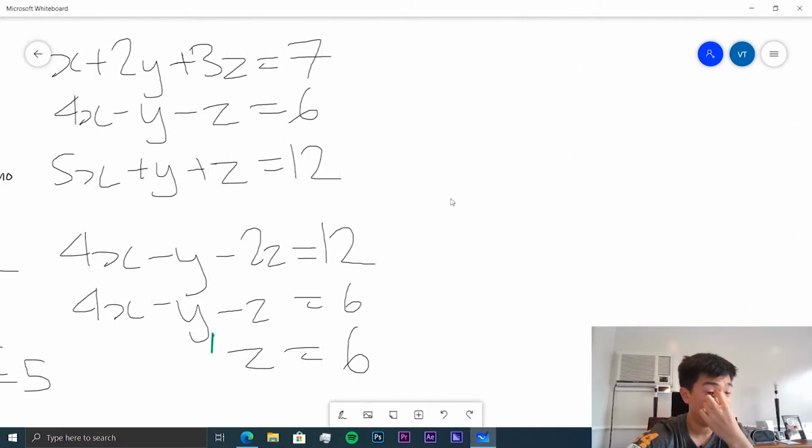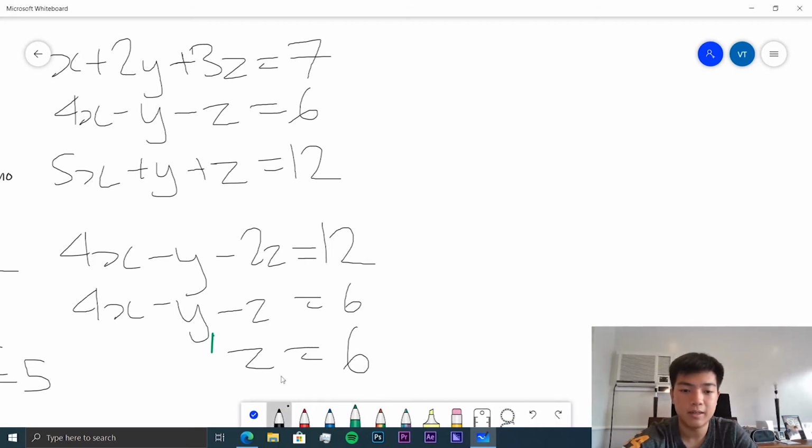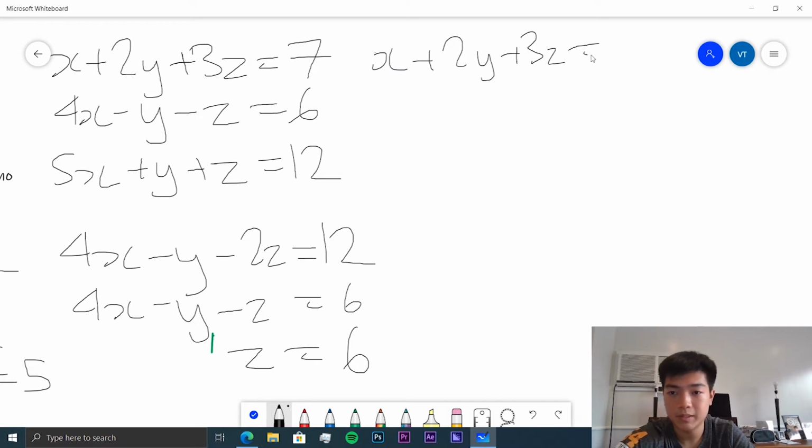Now we need to simplify to an equation with just x and z. So if we multiply this one by 2 and add these two up, we get x plus 2y plus 3z is equal to 7, and 8x minus 2y minus 2z is equal to 12.